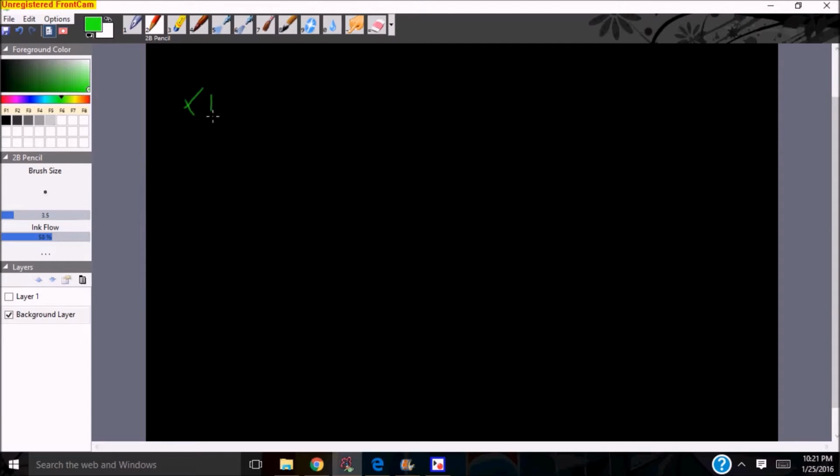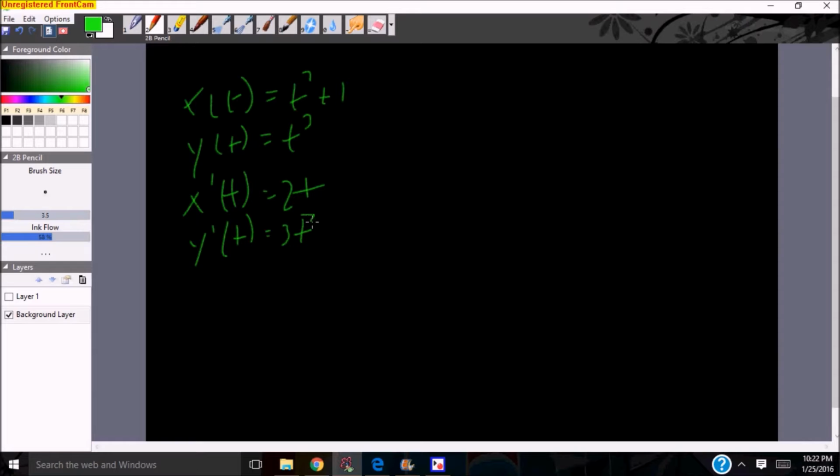They want us to find the second derivative, so we need to find x prime is 2t, y prime is 3t squared. So dy/dx is 3t squared over 2t, or 3 halves t.